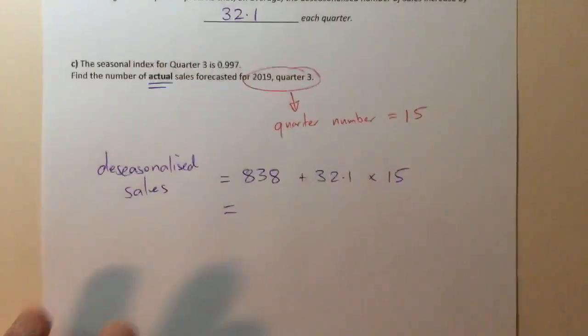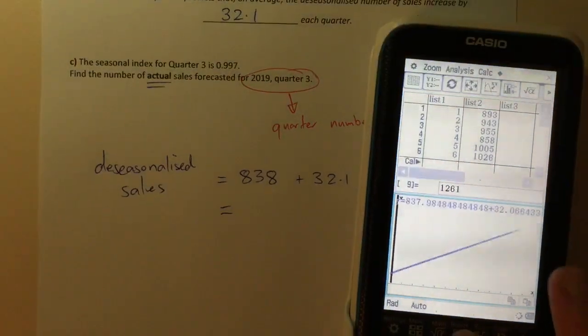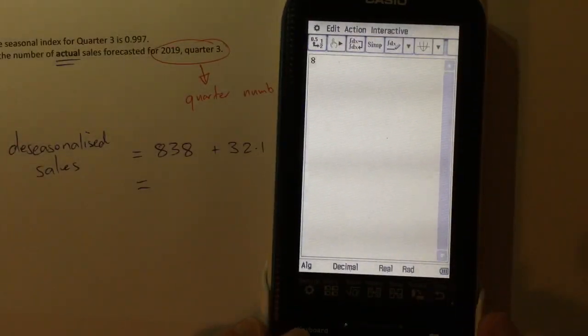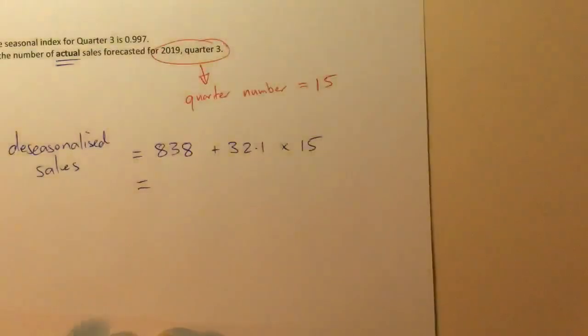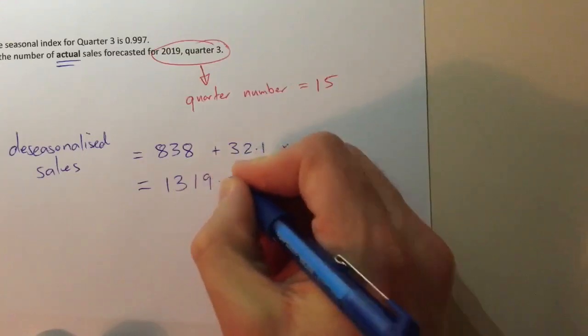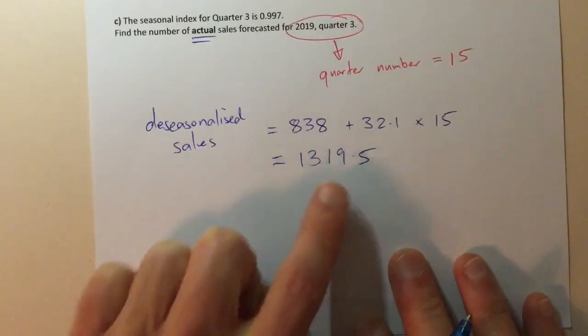So let's calculate that. Getting out of the stats screen and into the main screen. Times 15. So we get 1319.5. I'm not going to round that off because I'm going to try not to round anything off until the very end. So that's the predicted deseasonalized sales, right?